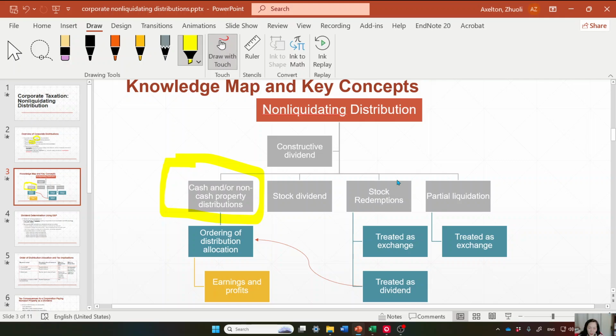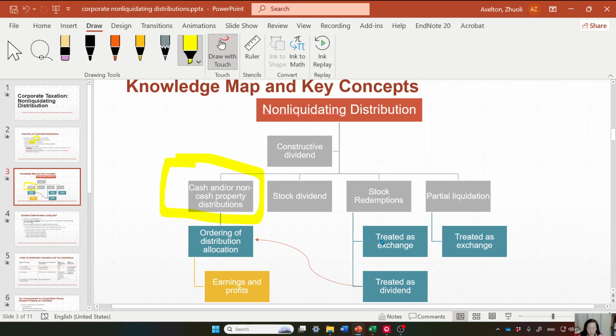And stock redemption is going to be very, very complicated, because of the share repurchase arrangement, and because the shareholder, in a sense, is basically selling their shares back to the corporation. So there could be two possible treatments once we're looking through the transactions.